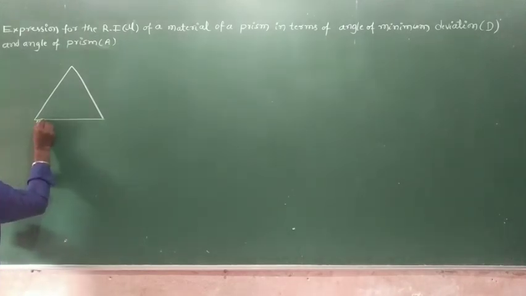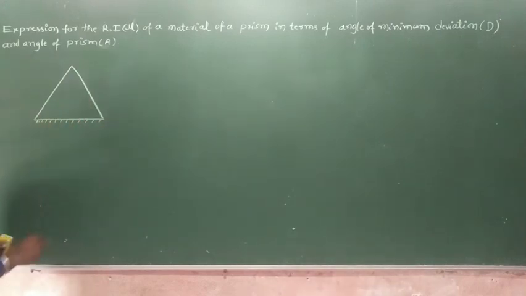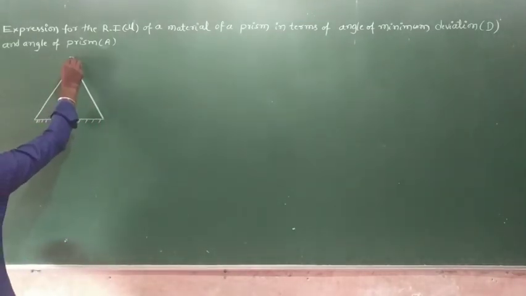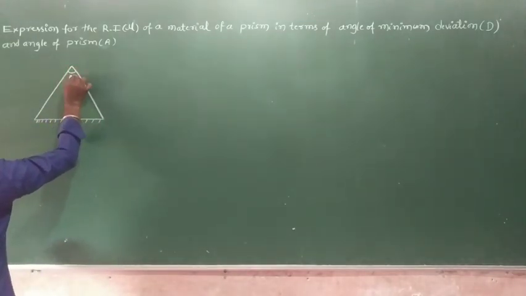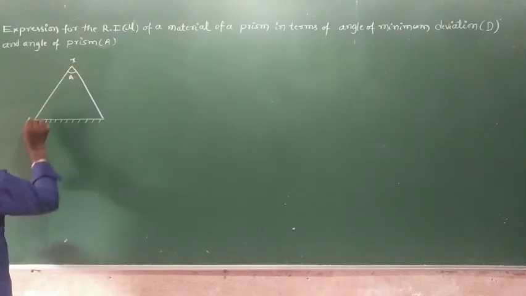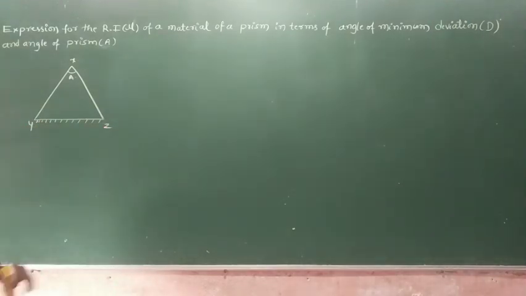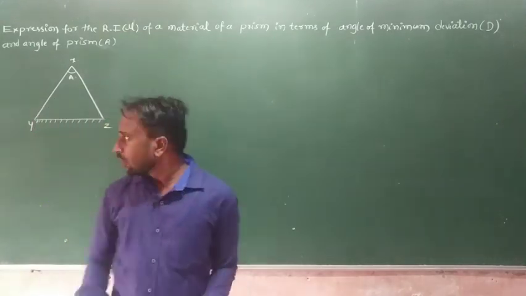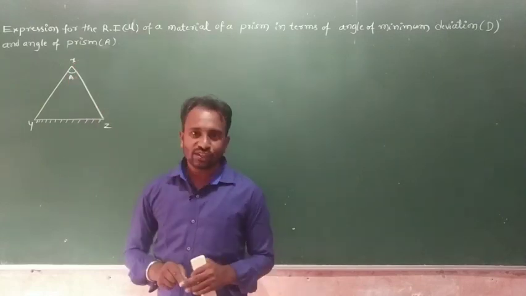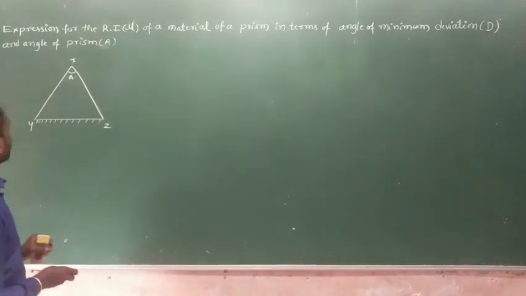The base of the prism, and these two are the refracting surfaces of the prism. This angle we consider angle A. Suppose the prism is XYZ: XY is a refracting surface, XZ is also a refracting surface, and YZ is the base of the prism.